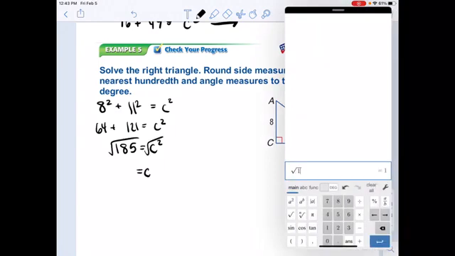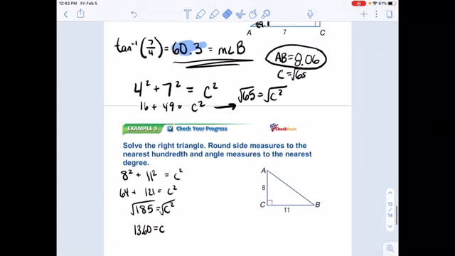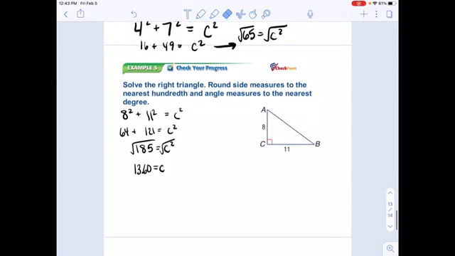Go ahead and pull up our calculator. We get that c is equal to 13.60, which is actually just the length of AB. So I'm going to go ahead and rename this AB.